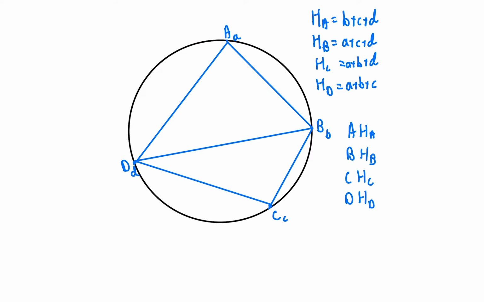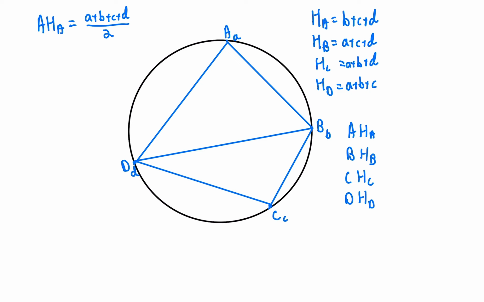We could go through and bash out the equations of those lines. There actually is a formula for finding the intersection of 2 lines, and we could do that for pairs of lines and then prove that they're all the same point, but there's actually a much better solution. Let's look at the midpoint of AHA. The midpoint of AHA is going to be the average of A and HA, which is A plus B plus C plus D over 2.